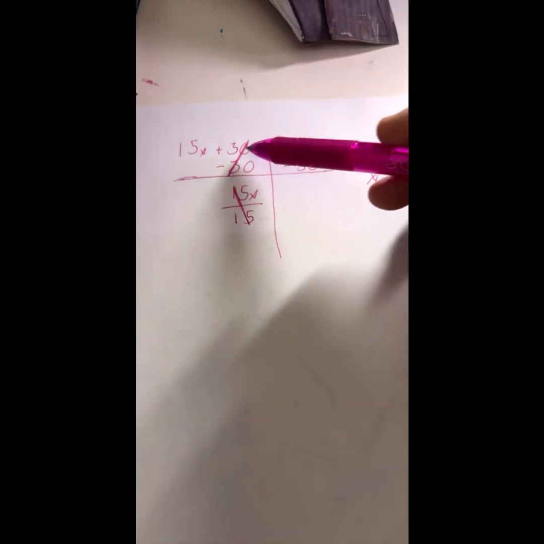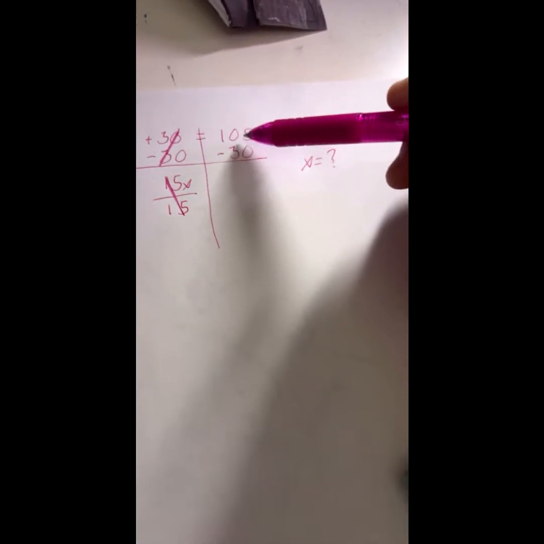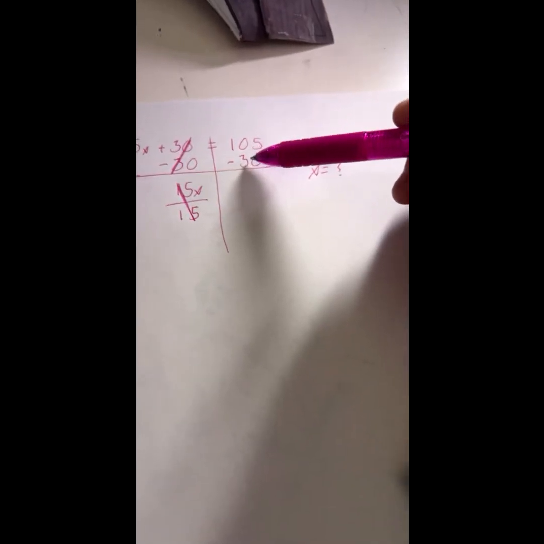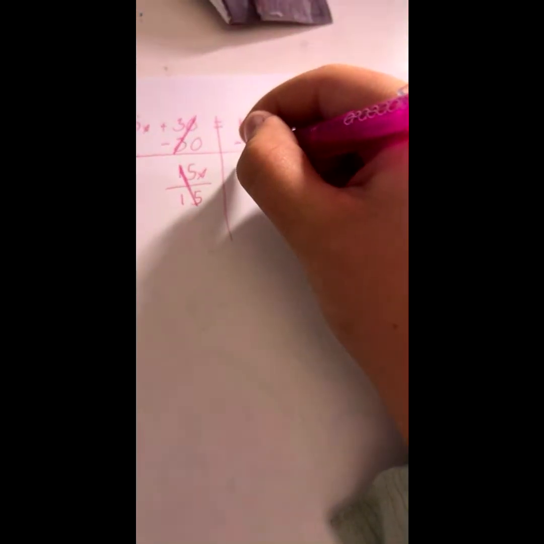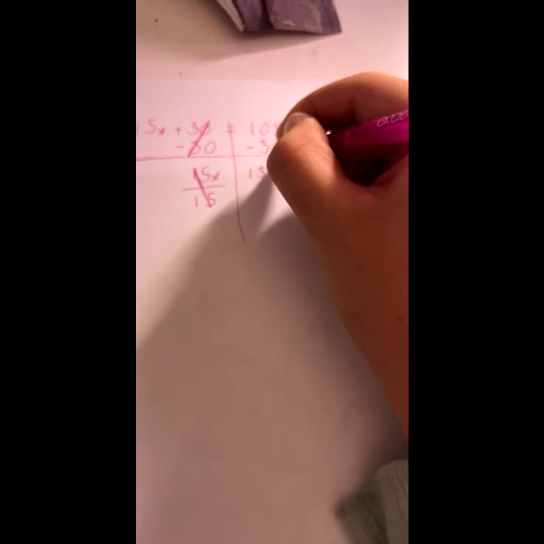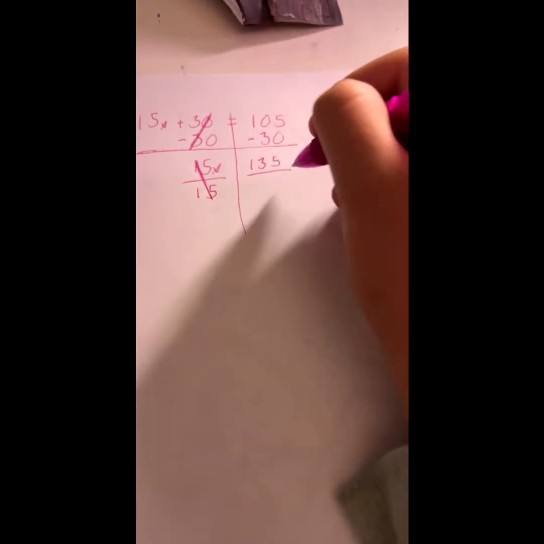So you have your equation, and you canceled out 30 to take everything away from x, and now you're subtracting 105 minus negative 30. But now we cross this out, so now we just need to do this. This answer would be 135. And so now we're going to divide.